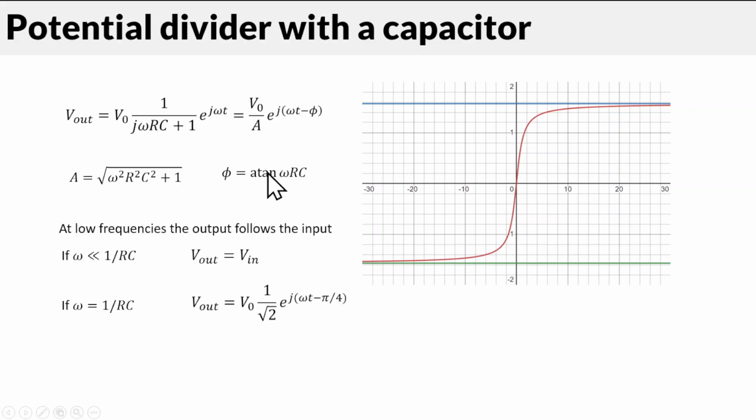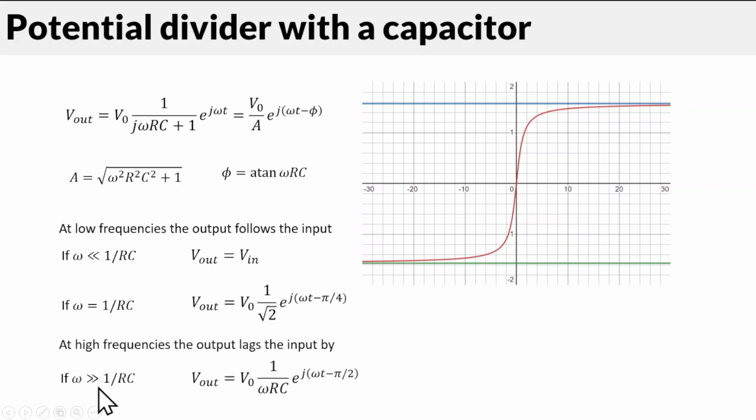And if we put in arctan of 1, it comes in at pi by 4. So at omega equals 1 over RC, the output voltage is going to be a factor of root 2 less than the input voltage, and it's going to be pi by 4, or an eighth of a cycle, out of phase with the input.